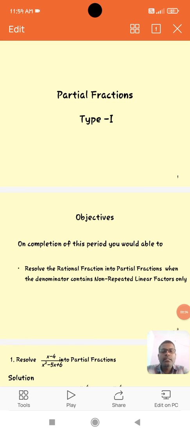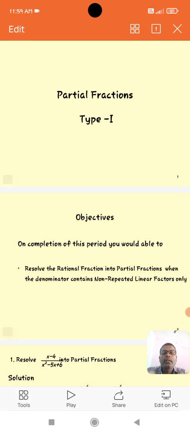In the last class we discussed partial fractions, and also how to define a rational fraction, a proper fraction and an improper fraction. We also learned the methods for resolving into partial fractions.